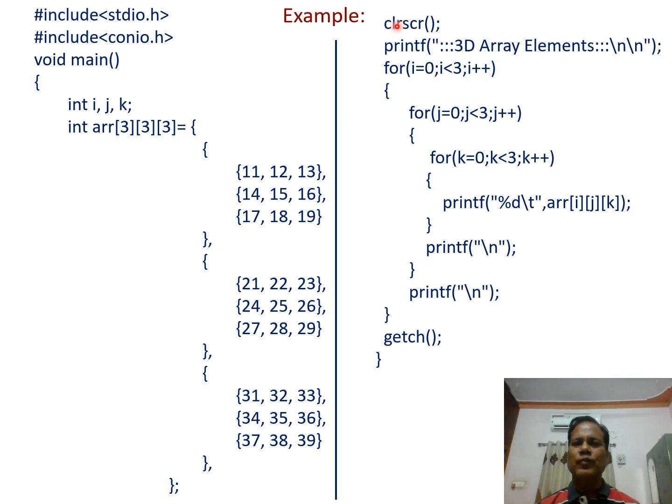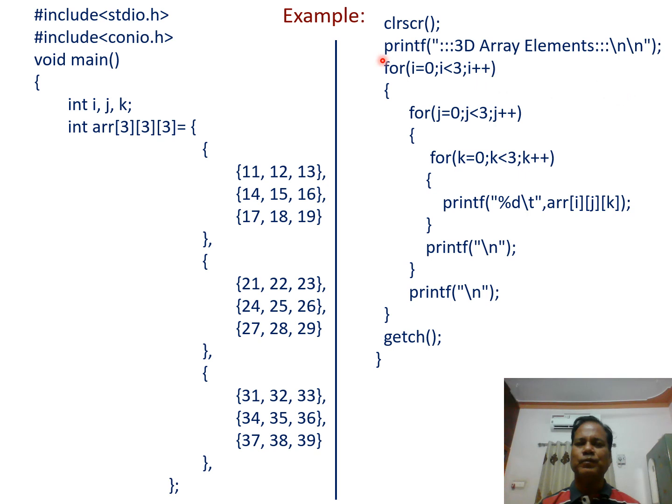Then the next statement, clear screen, clears anything written on the output screen. The printf statement just prints this message, 3D array elements on the two dimensions, on the output screen and also brings the cursor two rows below.